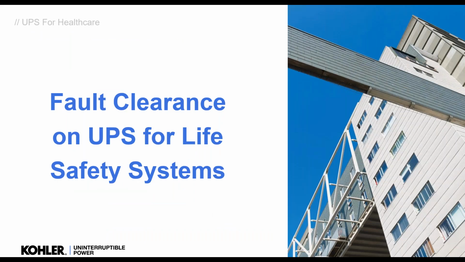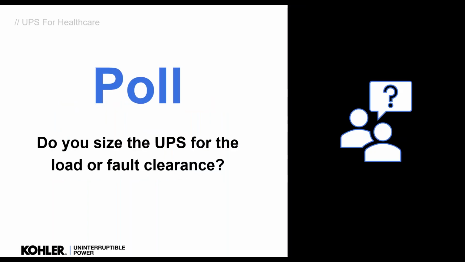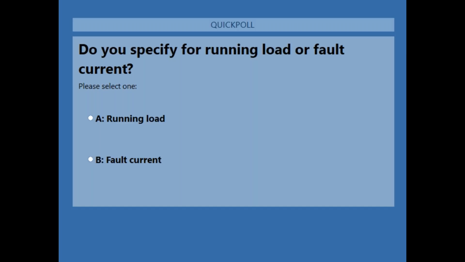So we move on to a subject that we have a lot of discussions around, which is fault clearance on UPS for life safety. Healthcare is obviously life safety. So we have a quick poll here. It'd be interesting to know what you say, because we have different views and we want to understand what we're looking at.